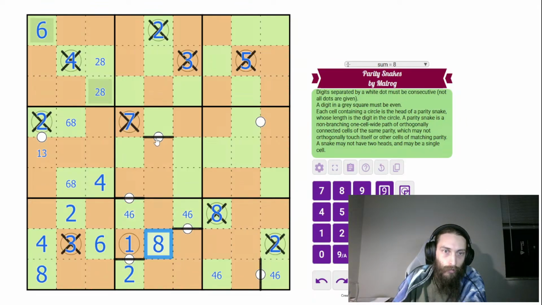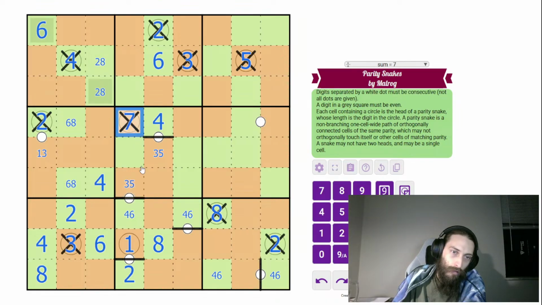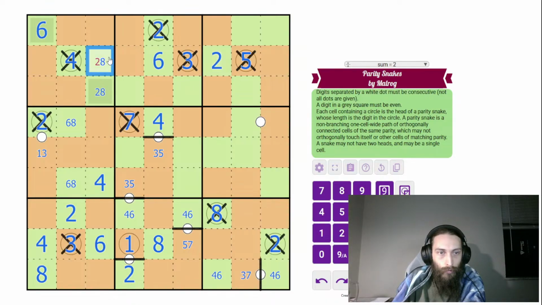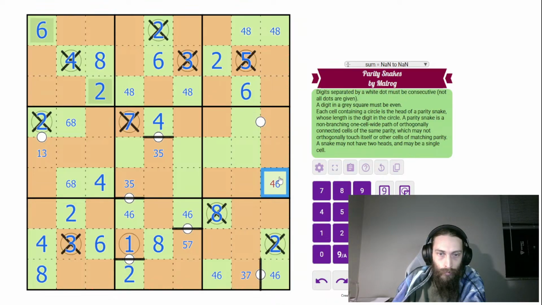6, 4, 8, 4, 6, 6 and 4. So that's 3 or 5. 3, 5 or 7, not a 7 because of that one. 5 or 7, not a 3. 5, 7, not a 5. 2, 8, 2, 8, 2. 4, 8, so 6, 4, 8. 6, 8, not a 4. 4, 6, 8.